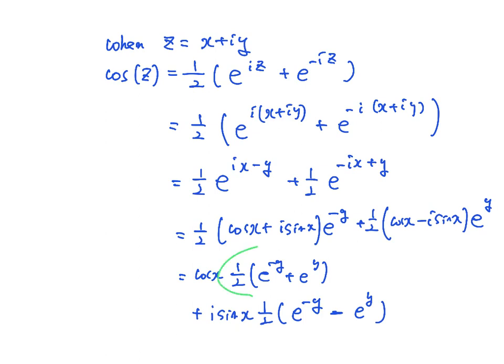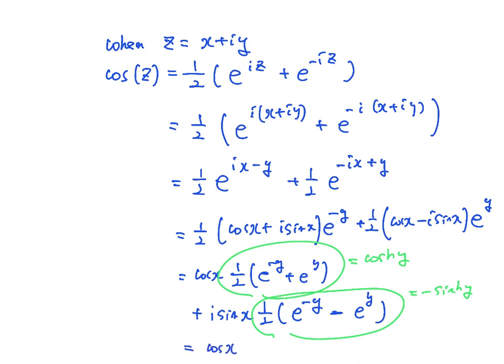And this is cosine hyperbolic y, right? This is minus sine hyperbolic y. So we have cosine x cosine hyperbolic y minus i sine x sine hyperbolic y.